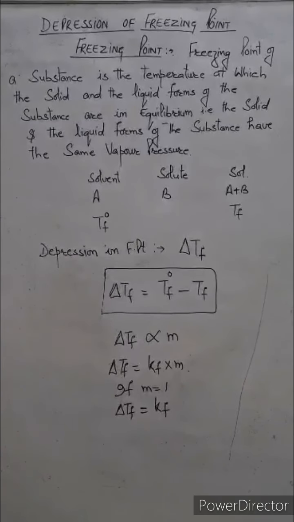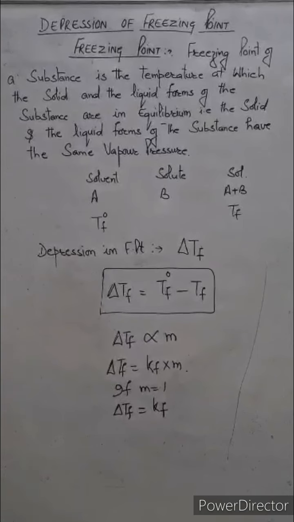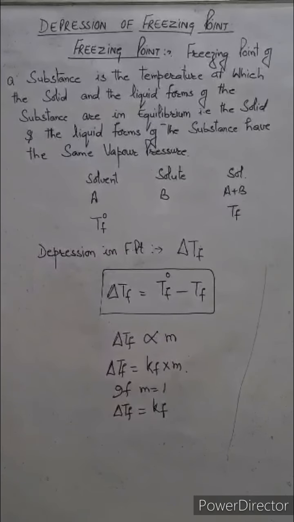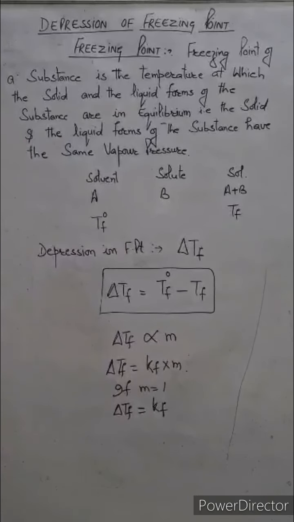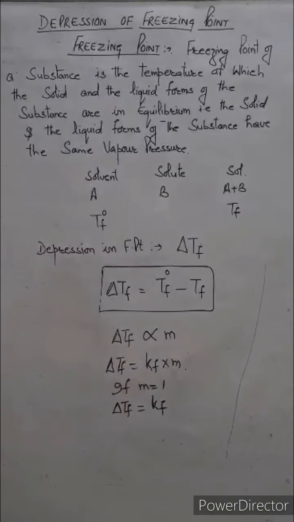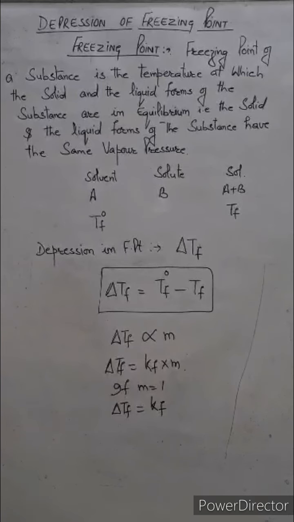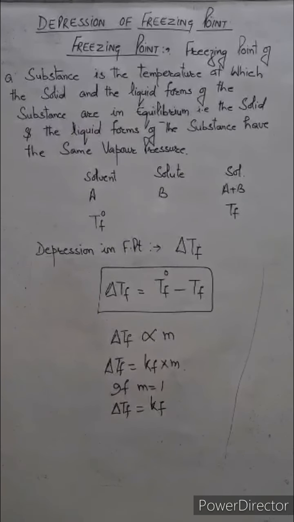So before going to depression in freezing point, first, what do you mean by freezing point? The freezing point of a substance is the temperature at which the solid and the liquid form of the substance are in equilibrium. That means the solid and the liquid form of the substance have the same vapor pressure, right?